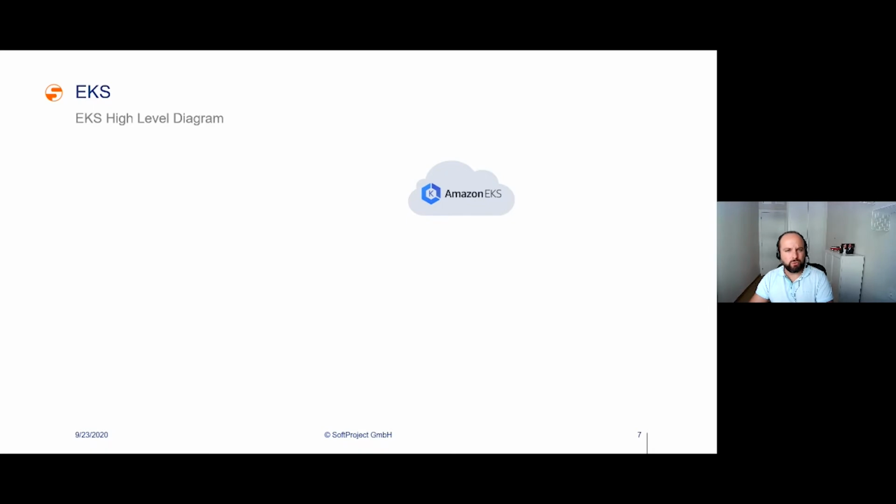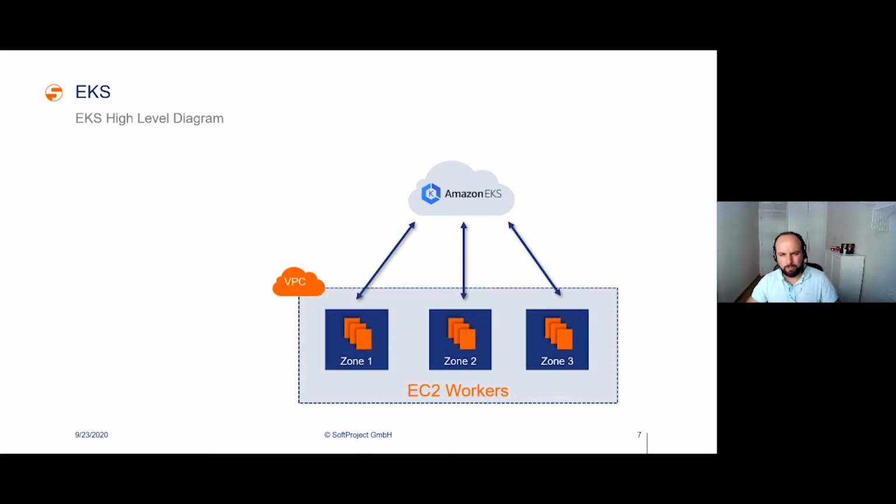Let me show you a high-level diagram. As with other products offered by Amazon, we have the concept of availability zones. Amazon will create as many zones as we need in different areas. Imagine that we want to create an Amazon EKS cluster available for the Central Europe region.